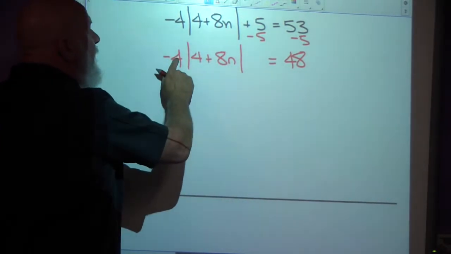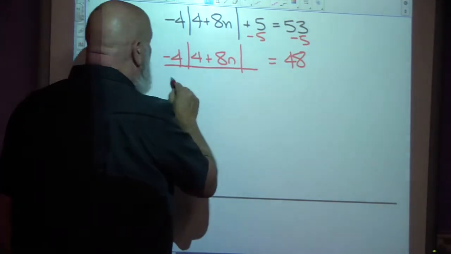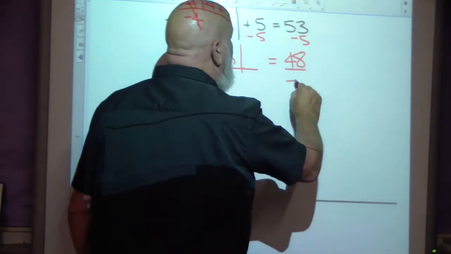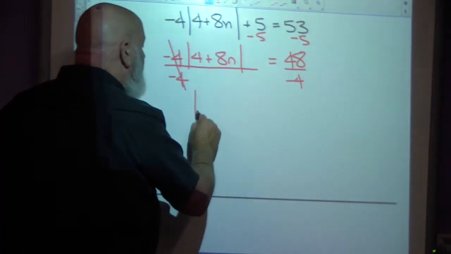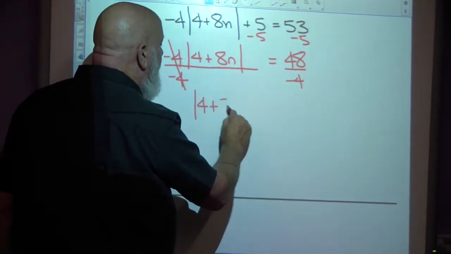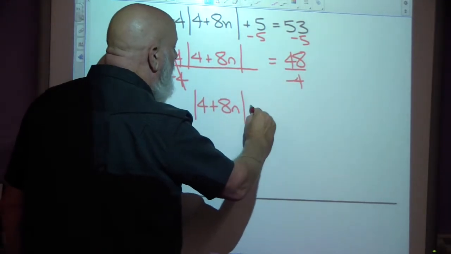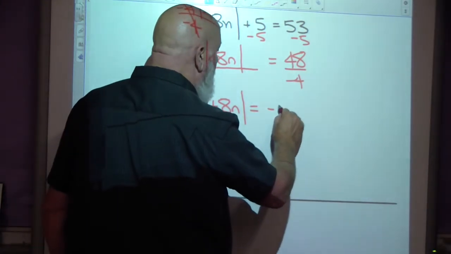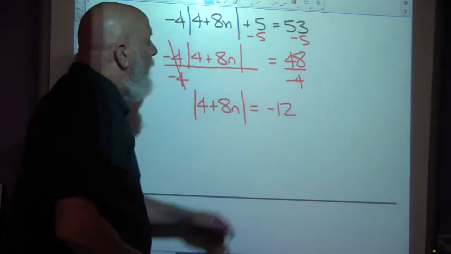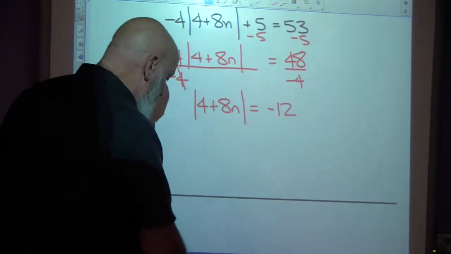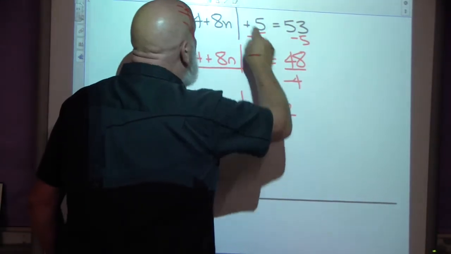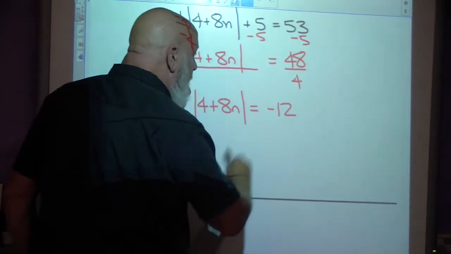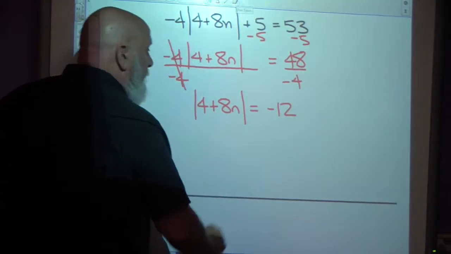And now I'm going to divide by -4. This will cancel this. Divide by -4 here. And I wind up with the absolute value of 4 plus 8n is equal to, what is that, -12? 48 divided by -4 is -12.